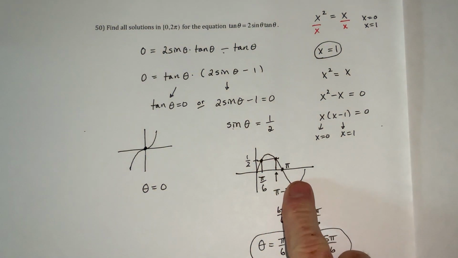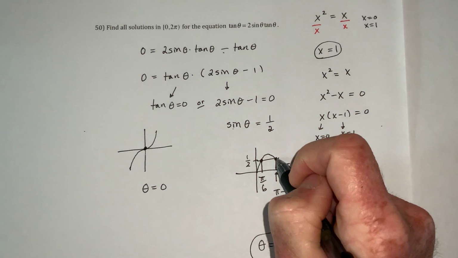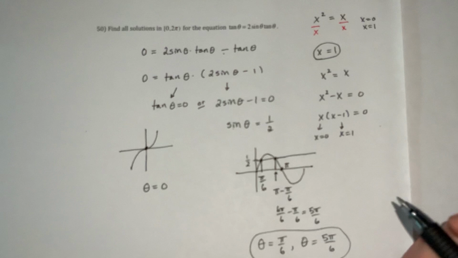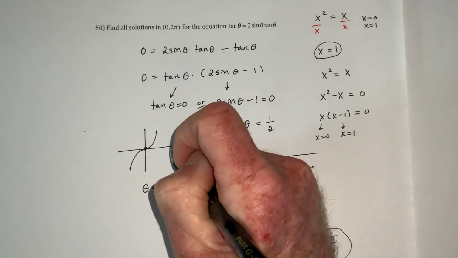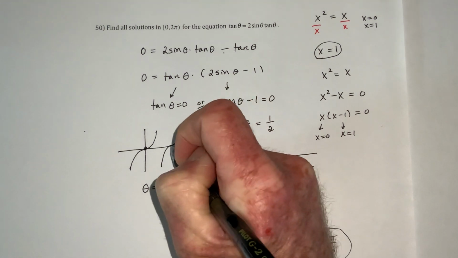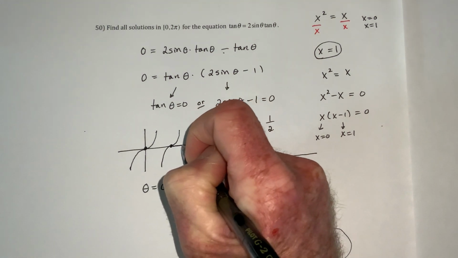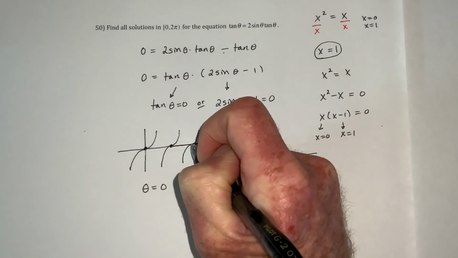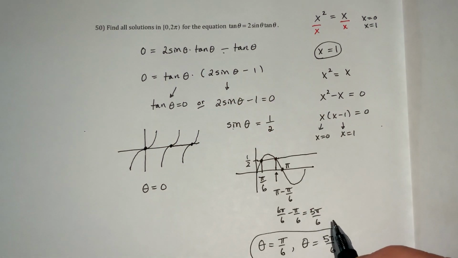Well, if you look at this graph and you continue this line out, there are no more solutions. So it doesn't come from that. What it comes from is tangent. You could draw another branch of tangent and it would cross the x-axis right here. And you could draw another branch of tangent and there would be another answer right here.